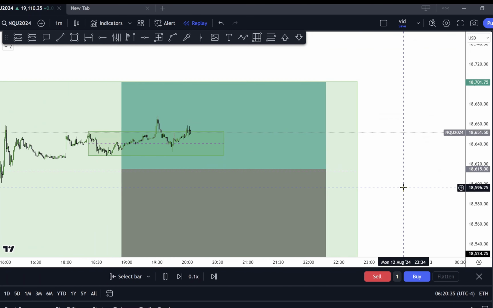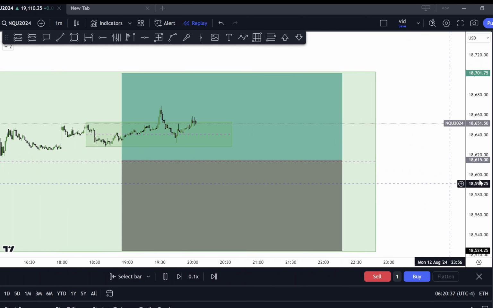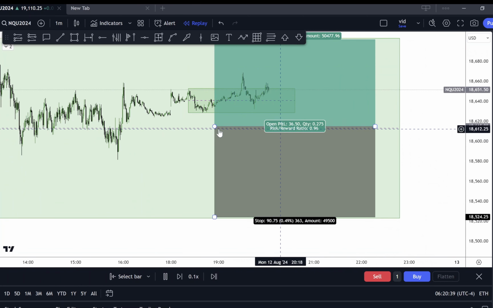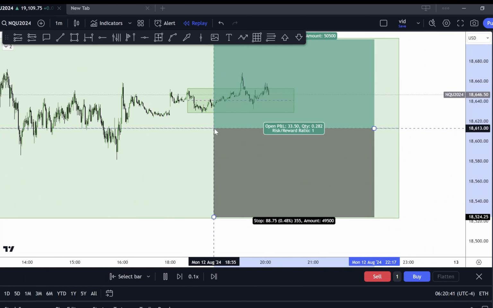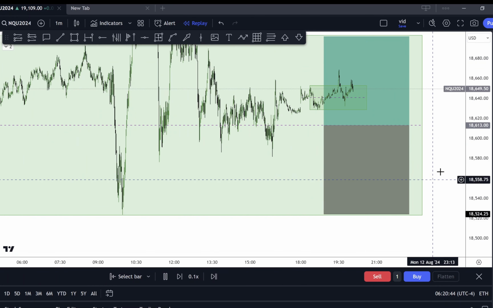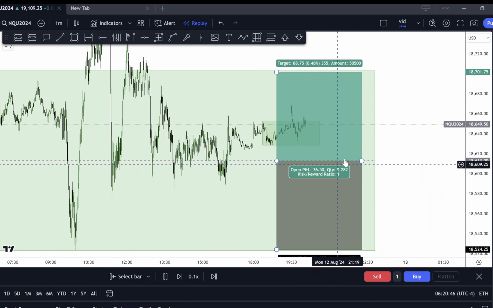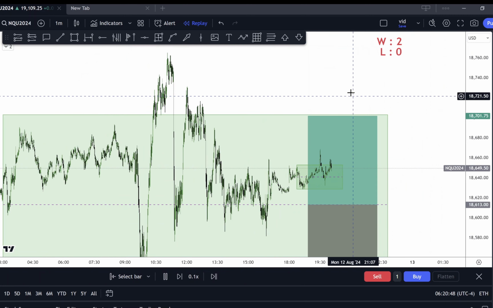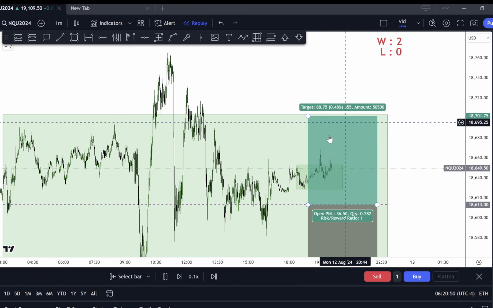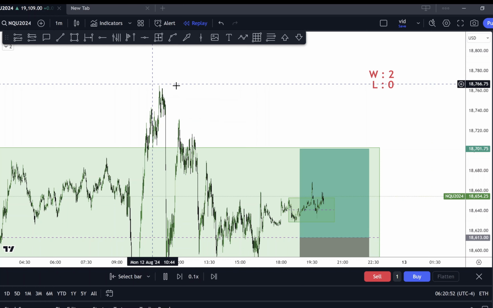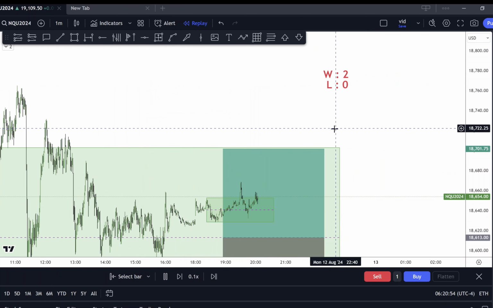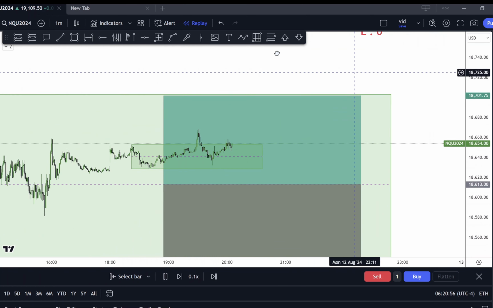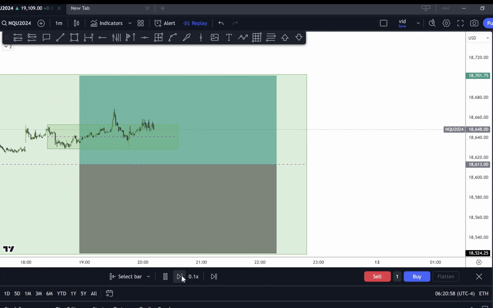We are still waiting for this higher time frame entry, or we're just using it as bias. We're only taking longs now, to target this high. Okay, let's see what's happened.